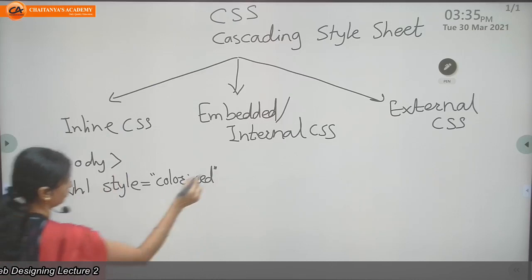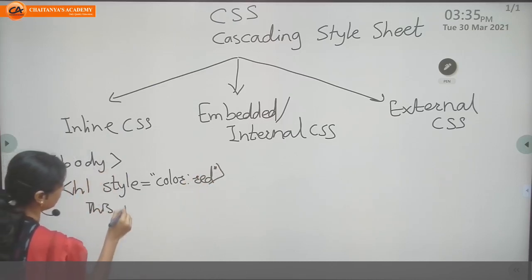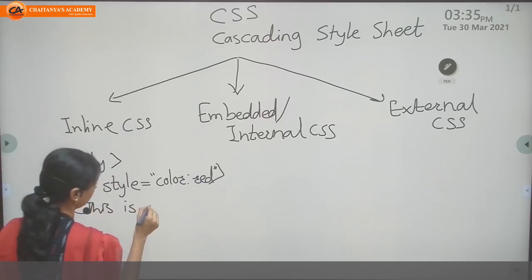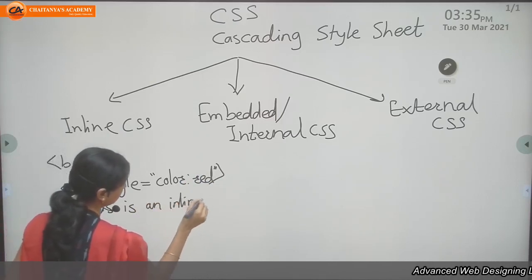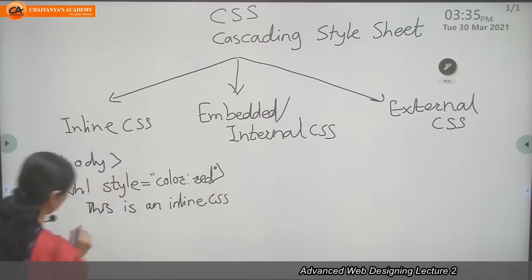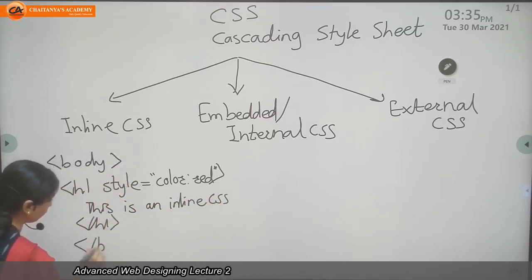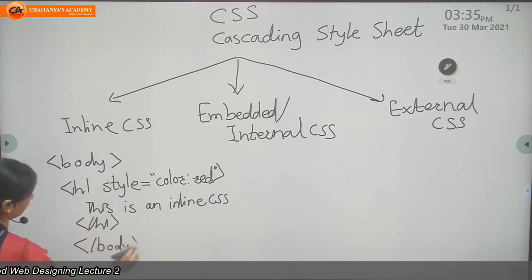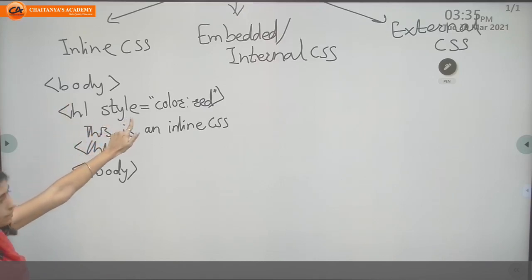This is an inline CSS. Then end of h1 tag, end of body tag. How can I write code for inline CSS? Inside the body tag, h1, style as an attribute.